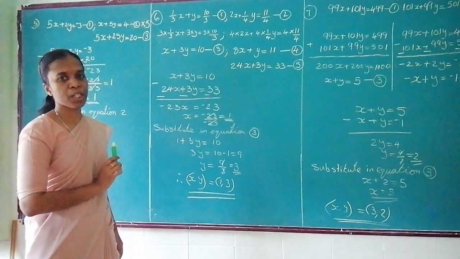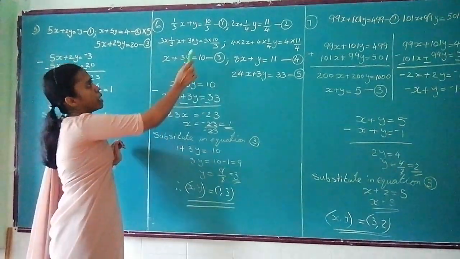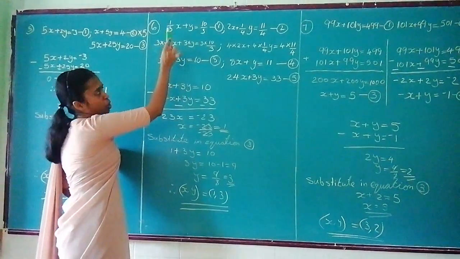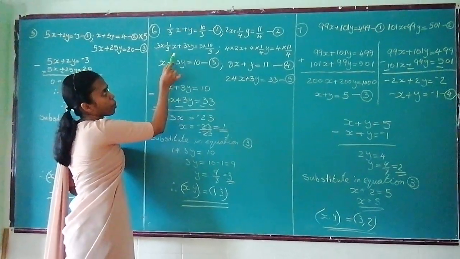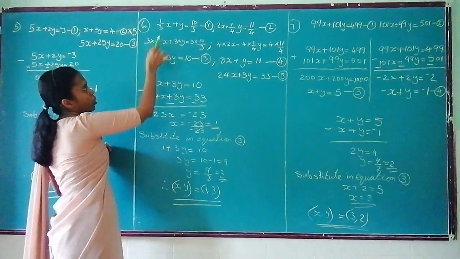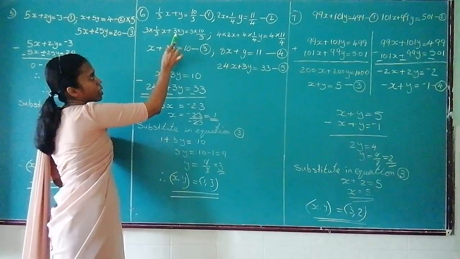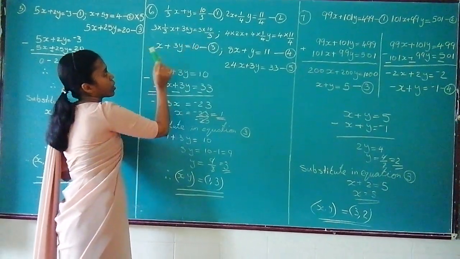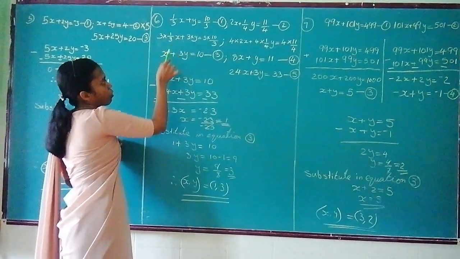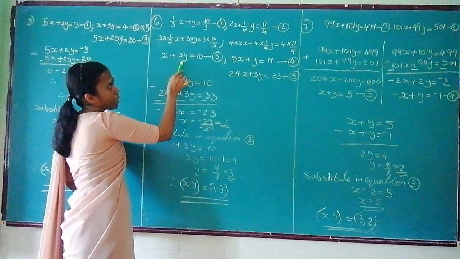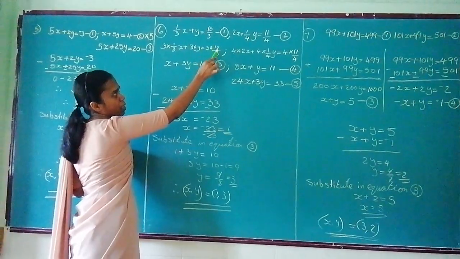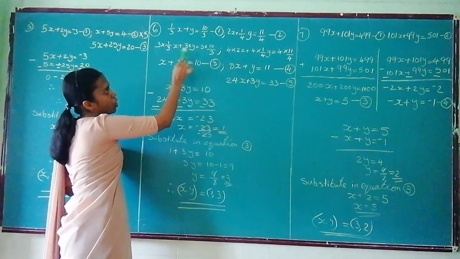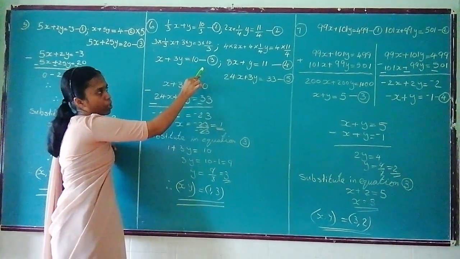And how do we get rid of the denominators? The denominator here is 3. So we multiply this equation throughout by 3. That is 3 into (1/3)x + 3 into y = 3 into 10/3. 3 and 3 get cancelled, so we have only x + 3y = 10, again 3 and 3 get cancelled. So this is your third equation.